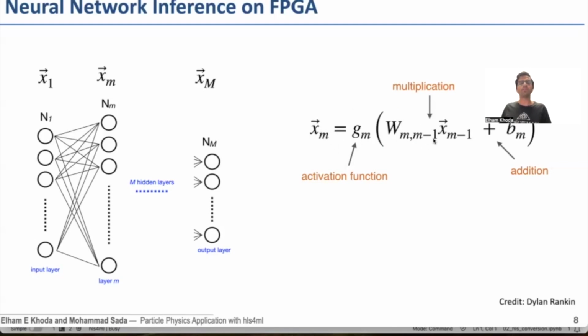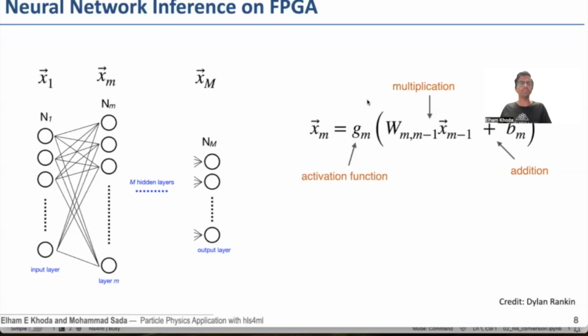So we have this first multiplication operation. It's a matrix multiplied with a column vector. And then we have another column vector, b_m, which gets added to the output of the multiplication. So we have a multiplication and then addition, and together we get a column vector. And then we have another functional call.